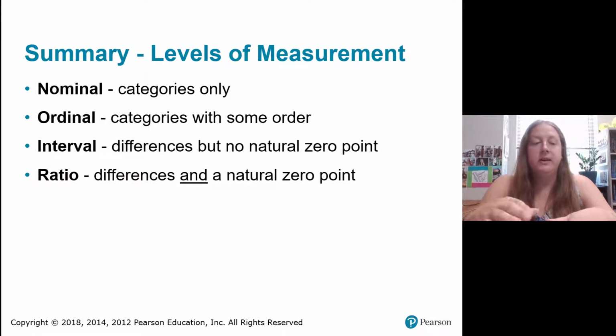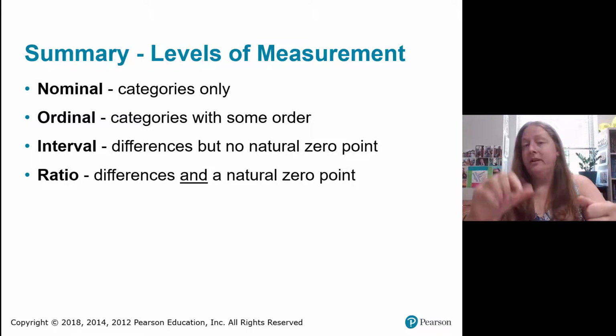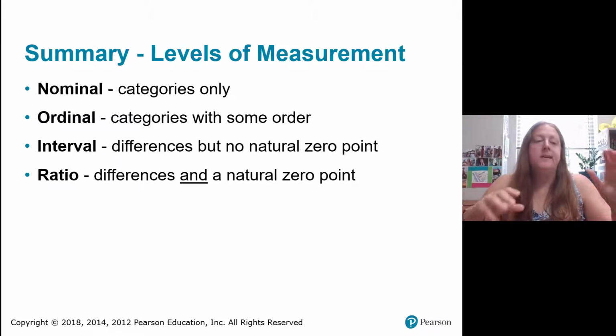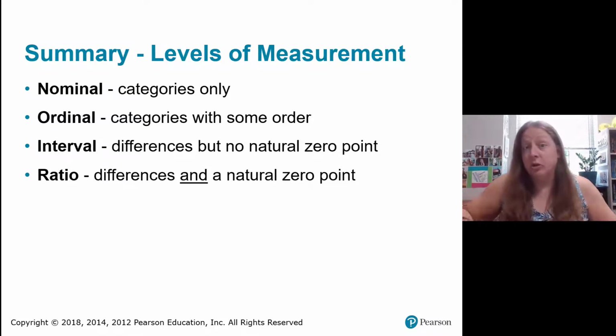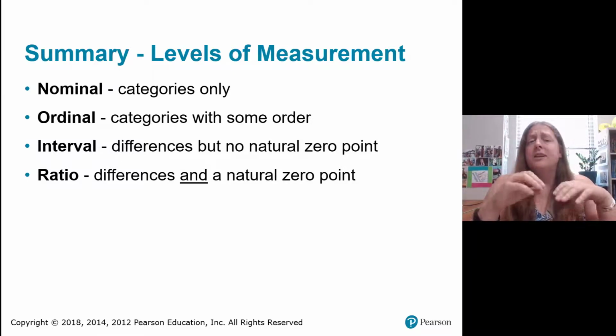So again, just to summarize those levels, we have nominal, that are our categories only. So boxes, doesn't matter where they are. Ordinal, again, categories, but there's some order to them. So now we have the boxes, but the order matters, but it doesn't matter how spread out they are. Interval, the differences, but there's no natural starting point.